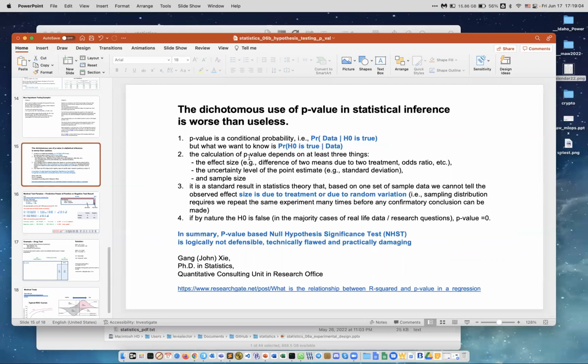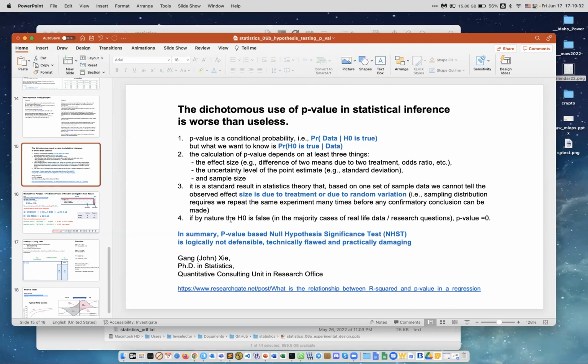The calculation of p-value depends on at least three things: the effect size, the uncertainty level, and sample size. It is a standard result in statistical theory that based on one set of sample data, we cannot tell if the observed effect size is due to treatment or due to random variation. It has sampling distribution, which requires repeating the same experiment many times before a confirmatory conclusion.